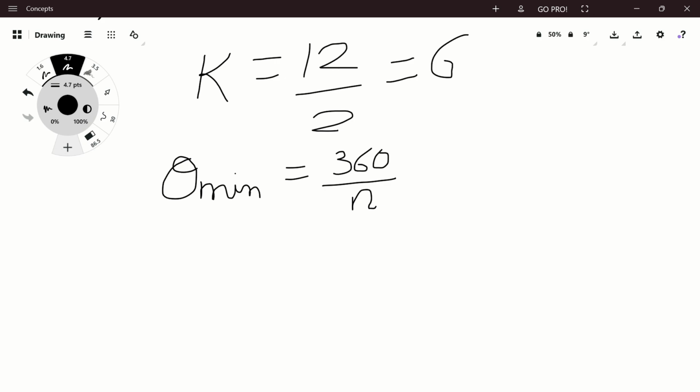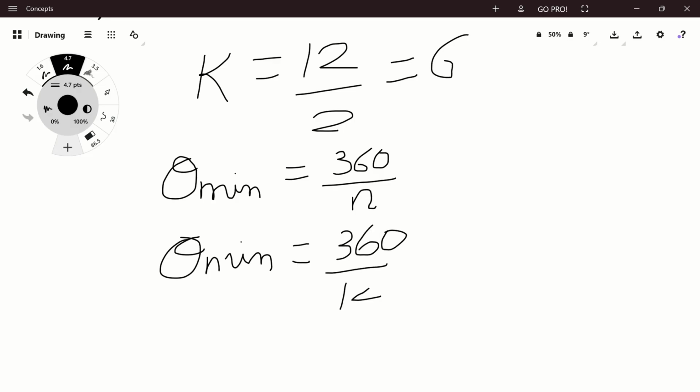For the dodecagon, where n is 12, theta minimum is equal to 360 upon 12, which is equal to 30 degrees.